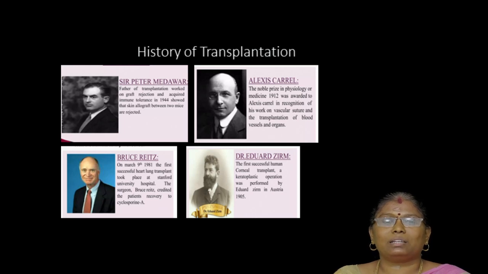Under this category, the scientists Peter Medawar, Alexis Carrel, Bruce Gates and Odud Rizim, the four scientists, got the Nobel Prize for cornea transplantation, heart transplantation and blood vessel transplantation, etc. Successful transplantation was carried out in the years 1905 and 1912, and there is Sir Peter Medawar, who is the father of transplantation.